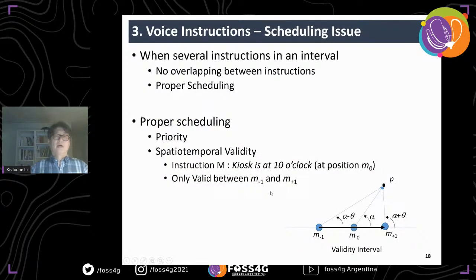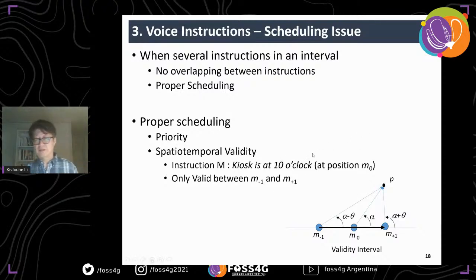All right. And we have quite an interesting challenge for voice instruction. That means scheduling issues. When we have too many instructions in a given interval, we should avoid overlapping between instructions. That means we need proper scheduling. Proper scheduling means we have to consider the priority, and we also have to consider the spatiotemporal validity.